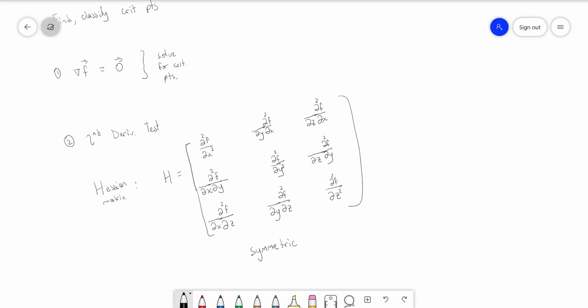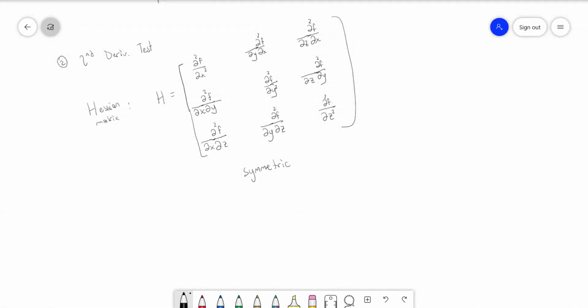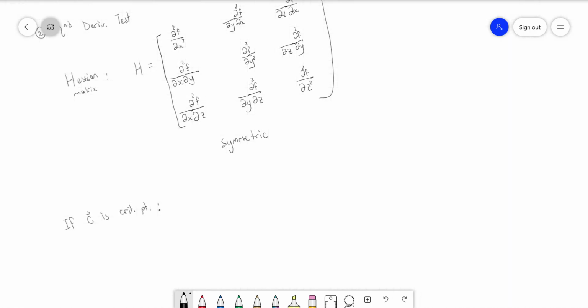Okay, so you compute your Hessian matrix, and then the second derivative test says, let's say C is a critical point of F, you compute your Hessian, and then you'll evaluate the Hessian at this critical point.